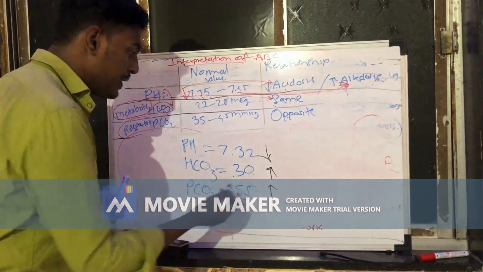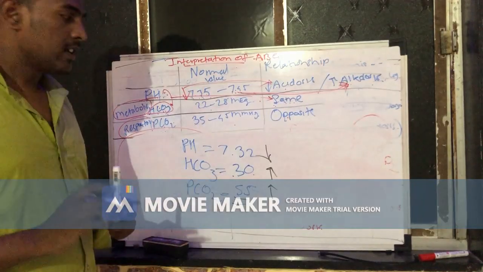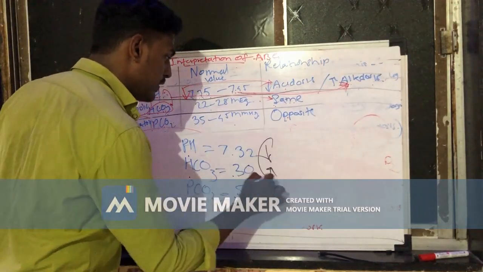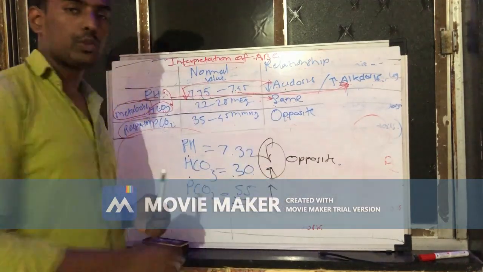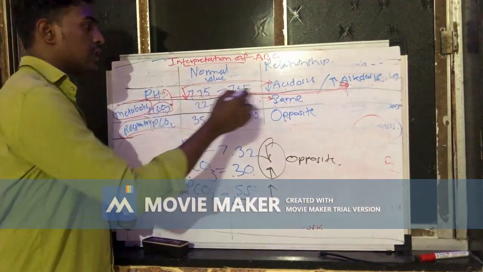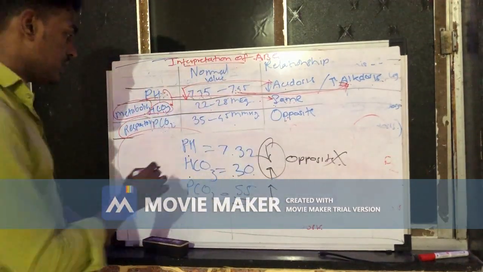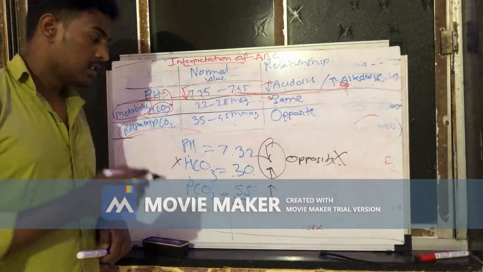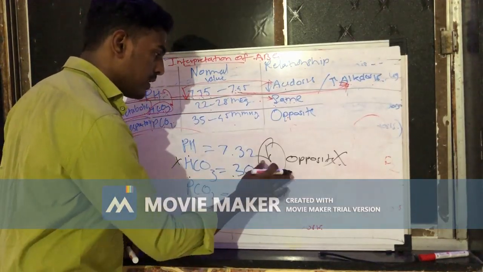Now PCO2 is increased, pH is decreased, HCO3 is increased. So pH and HCO3 are showing which relation? Opposite. What does the chart say to us? pH and HCO3 should have the same relation. No, it's showing the opposite relation. So this is not our primary component. Now we'll see pH and PCO2 are showing which relation?